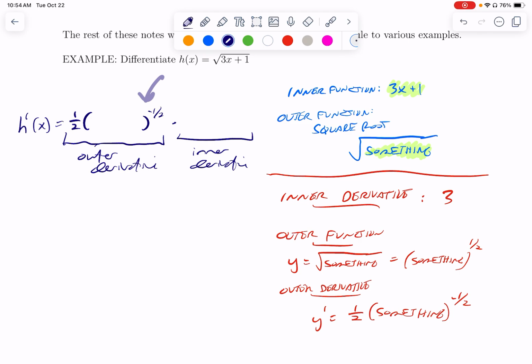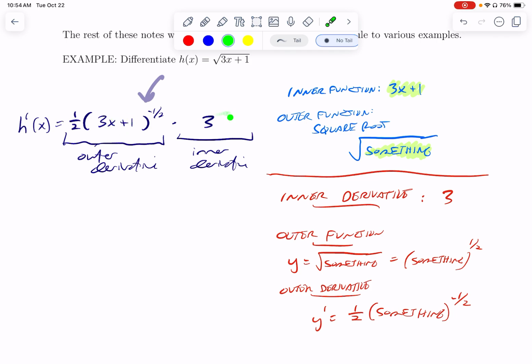My inner derivative is the number 3. And the something was just whatever was inside all along. My outer function was actually the square root of 3x plus 1. So that something on the inside I'm just going to leave as 3x plus 1. I was taking the square root of this thing, 3x plus 1, and I'm just going to leave it here in the first step.